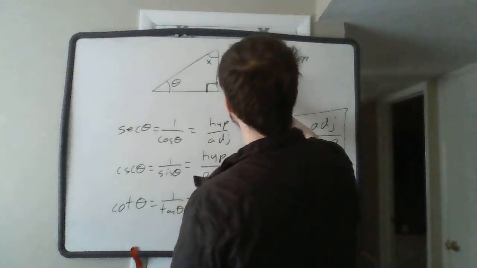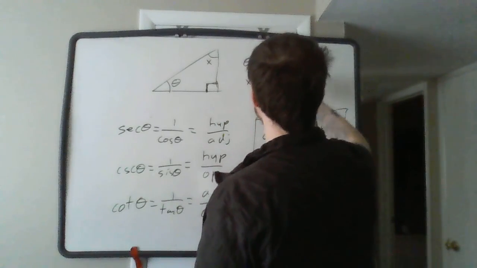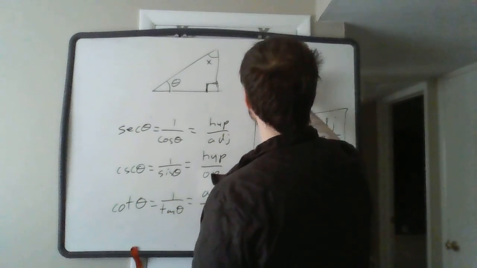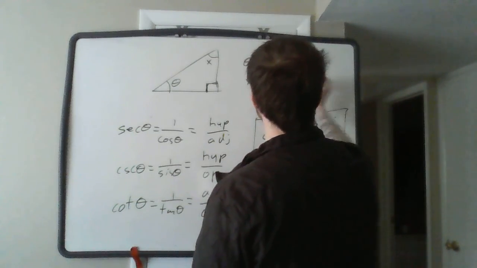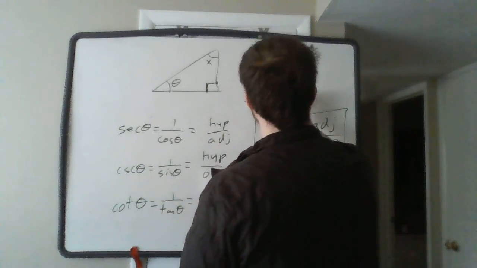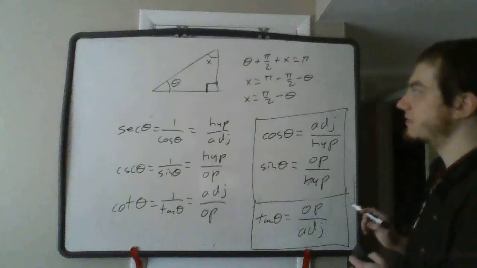And that tells me that this angle x is equal to, if I subtract things over to the right-hand side, pi minus pi over 2 minus theta. That becomes pi over 2 minus theta.